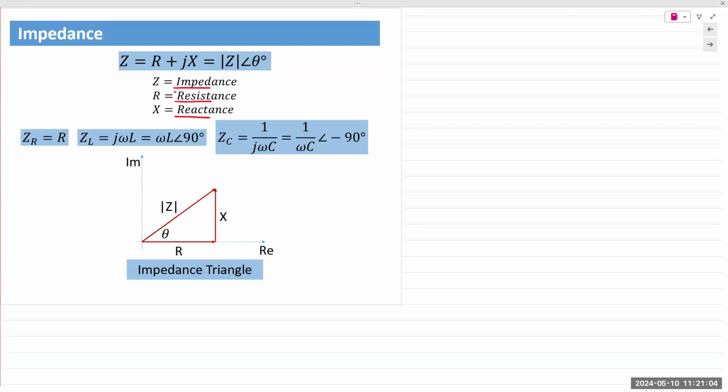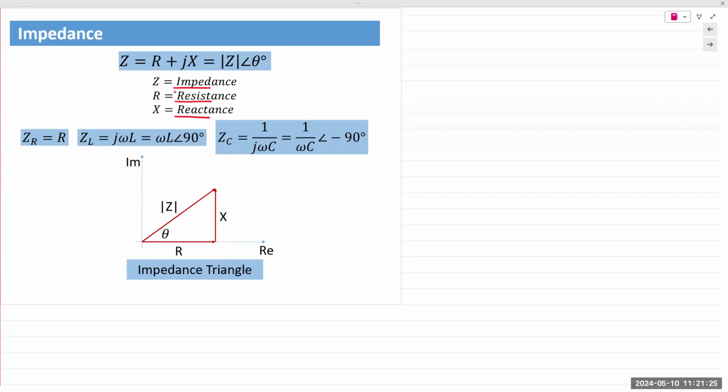Good so far? Okay, so then reactance is not something you would hear or read about in everyday life. What you will hear or read is impedance. And impedance is a complex quantity that combines both resistance and reactance.